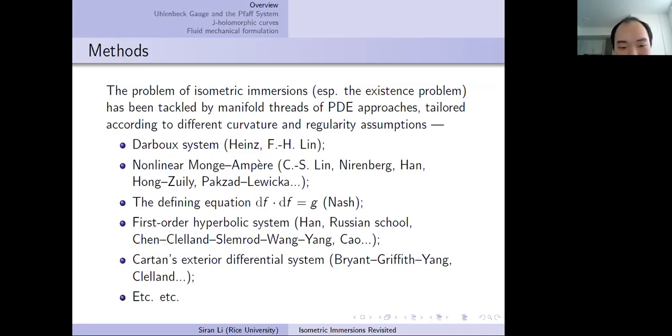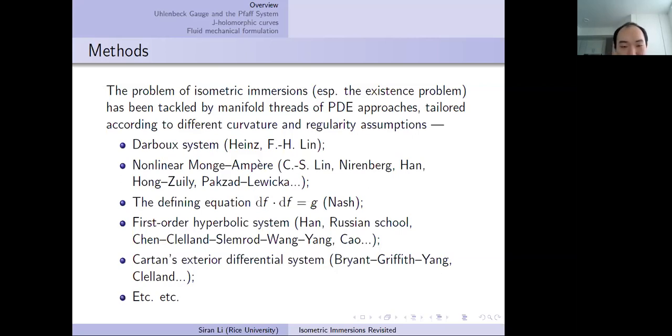The Darboux system: if you write the second fundamental form, view it as a metric on the domain manifold, and write it in isothermal coordinates, and in the case that the target manifold has constant curvature, it looks like the prescribed mean curvature problem studied by Wente.